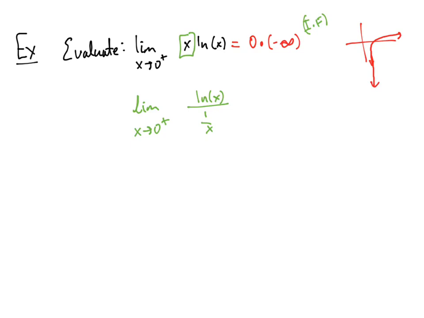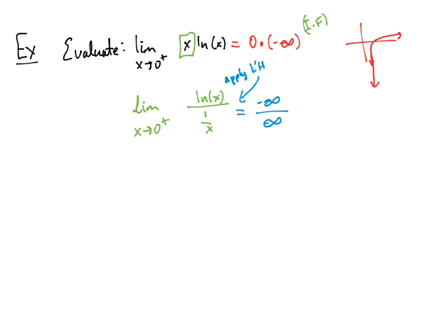So now we're allowed to apply L'Hopital's rule. But I'm getting a little bit ahead of myself. If we were to use direct substitution here, we're still going to end up with an indeterminate form. This time, it's going to be negative infinity divided by 1 over 0 from the right-hand side, which is also approaching positive infinity.